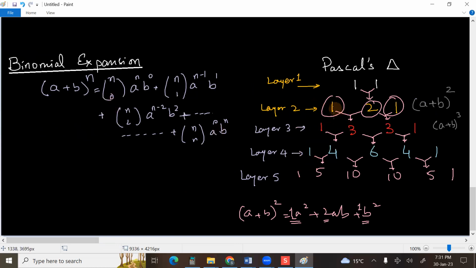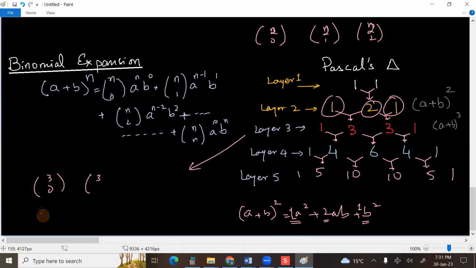And we can show Pascal's triangle as this: n choose 0, n choose 1, and n choose 2. Basically, n is 2 here, the second layer, so it's 2C0, 2C1, and 2C2. Similarly, for the third layer, you would write 3C0, and that will give us 1.